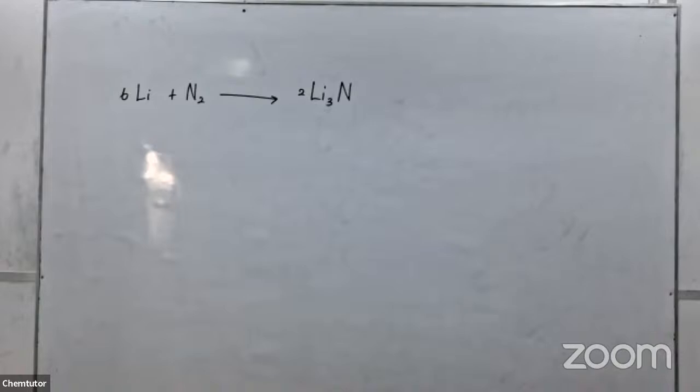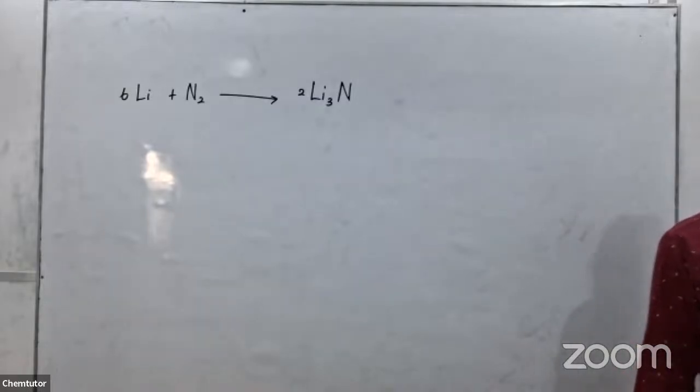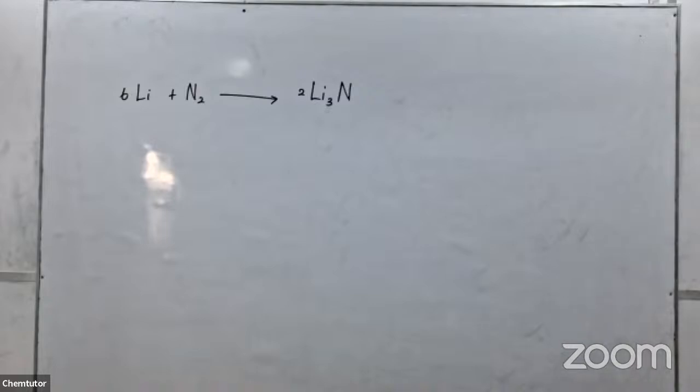Right. Then give the reactions of group 2 elements with air. Now, for example, if we consider magnesium, it will react with oxygen to give magnesium oxide. In addition to that, with nitrogen, it will give magnesium nitride.